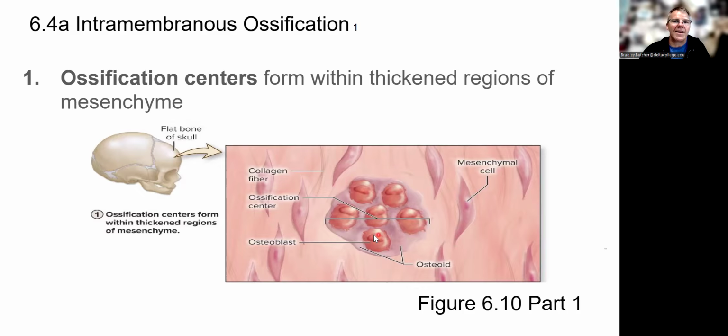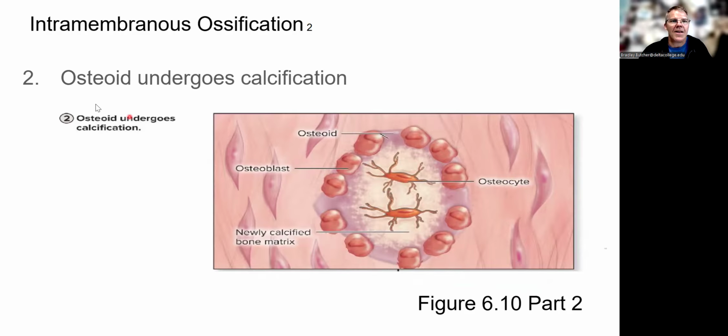Remember that osteoblasts, these are bone builders. So we have the center of this called the ossification center. The osteoid undergoes calcification, so that liquidy matrix starts to harden, and when we say it's calcified, that's that hard substance primarily made of calcium and phosphate that's going to surround the bone cells.